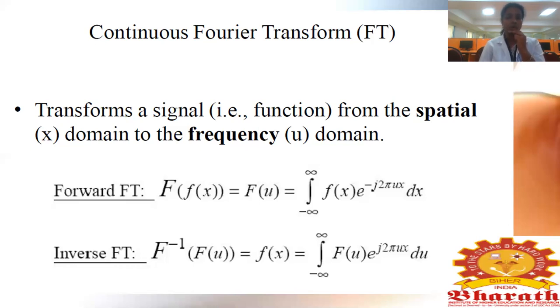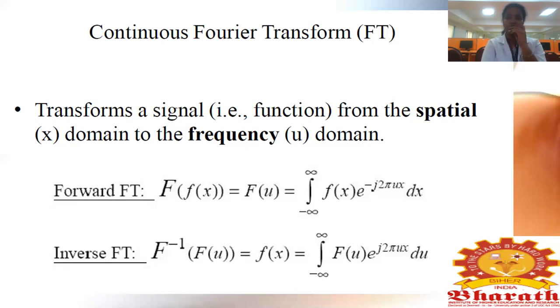If you are going to operate on only one variable, then you choose the one-dimensional discrete Fourier transform. And when you operate on two different variables, you make use of the two-dimensional discrete Fourier transform. Whatever transform you use, you are going to have two different equations: the forward transformation and the inverse transformation.